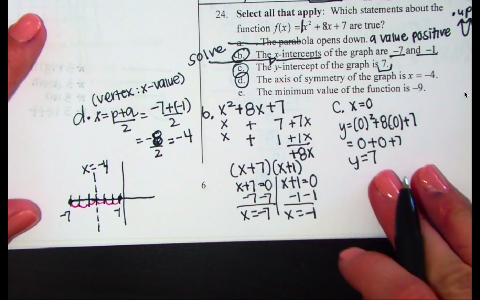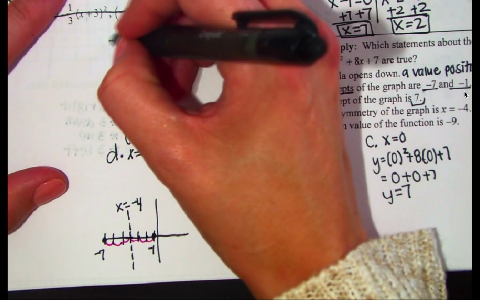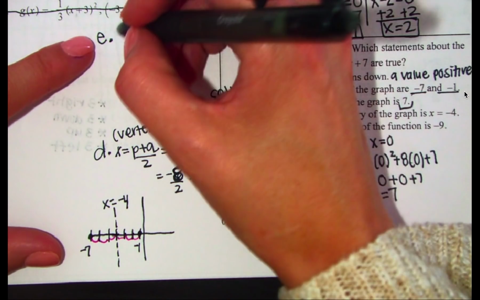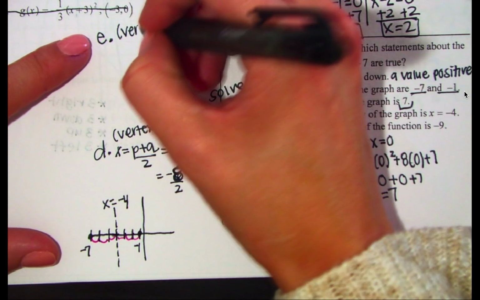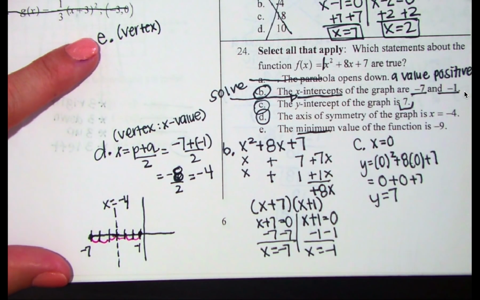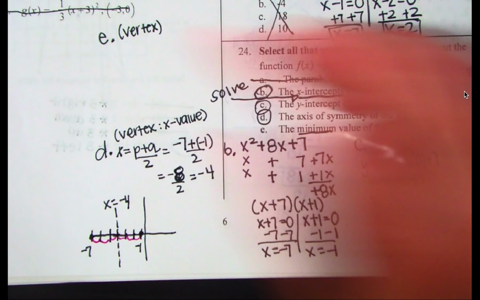And then part E talks about the minimum value. So let me come up here. I know this is getting a little sloppy. So E talks about the minimum value, which refers to the vertex. Minimum refers to vertex. So minimum value means we're going to take the x and plug it back in to get your y.